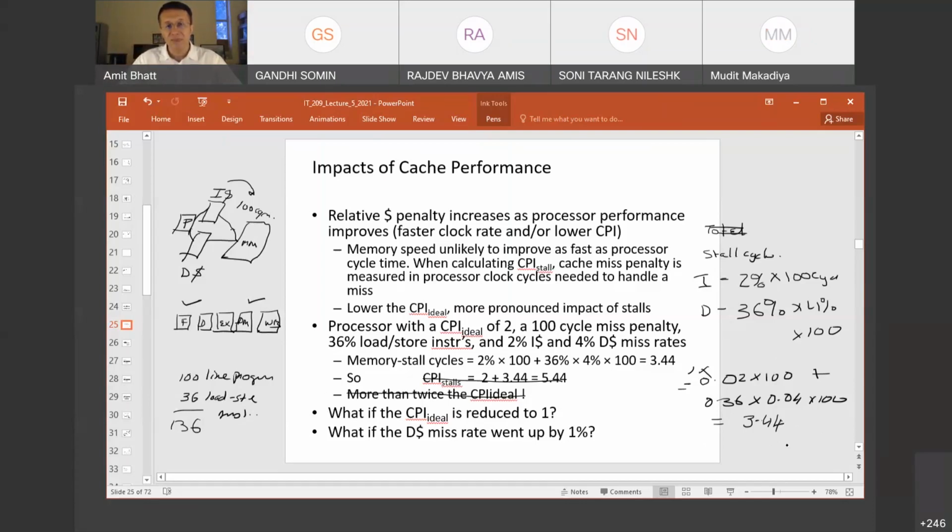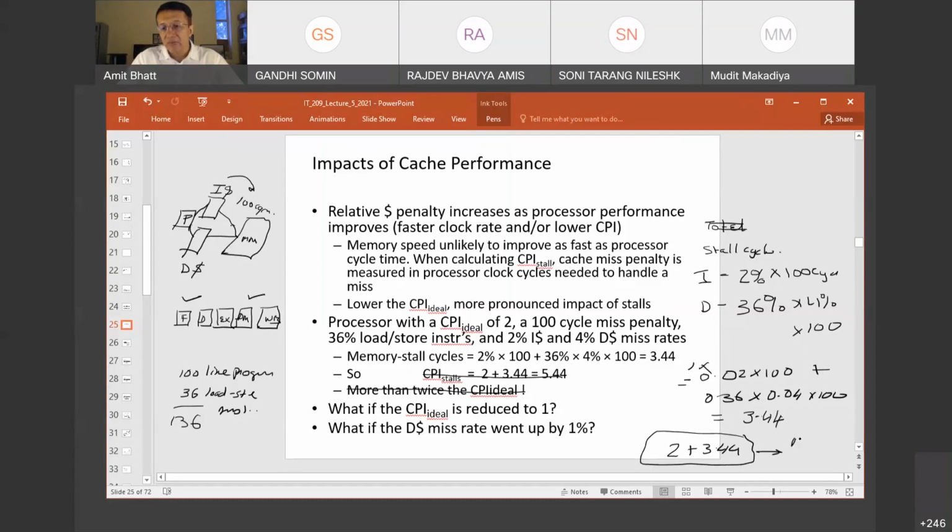Two, sir. It would take 2 cycles because it is given that this is the additional. So now a total of 2 plus 3.44 cycles would be taken by memory, right?